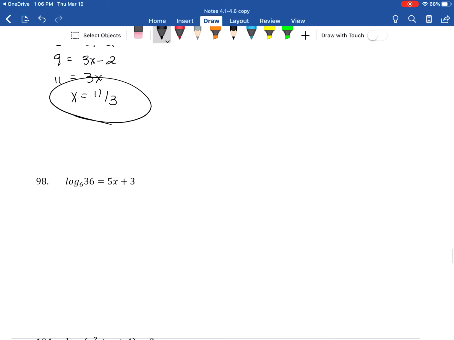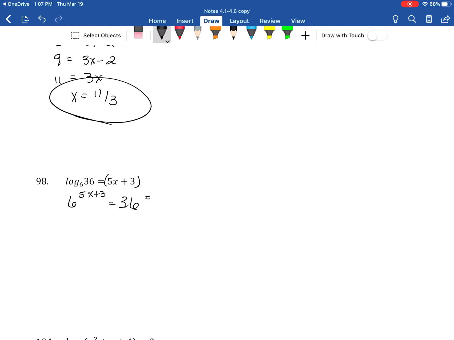Number 98, we will change this into exponential form. Treat the 5x plus 3 as one component. 5x plus 3 is just one quantity that stays together. So base 6 goes to the exponent that I just talked about, staying all together, equals 36. Now I do have the variable in the exponent, so I need to use my exponential equation techniques I learned in the last section.